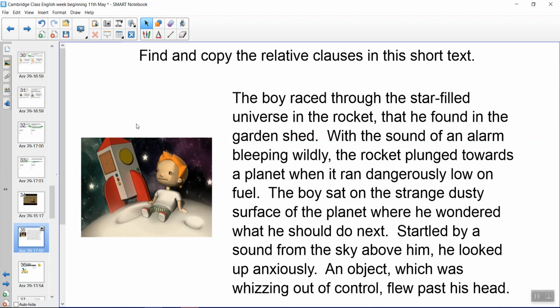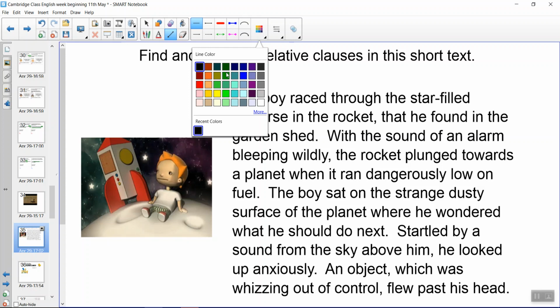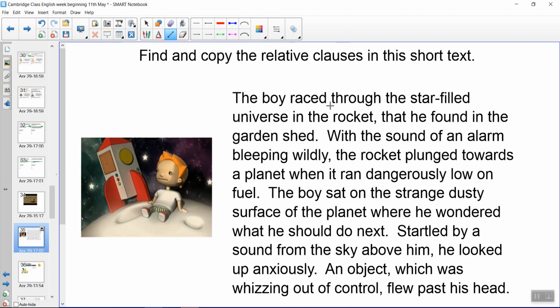Okay, let's see how we got on. The relative clauses. The boy raced through the star-filled universe in the rocket, and this relative clause describes where he found it in the shed: that he found in the shed. With the sound of an alarm bleeping wildly, the rocket plunged towards the planet when it ran dangerously low on fuel.